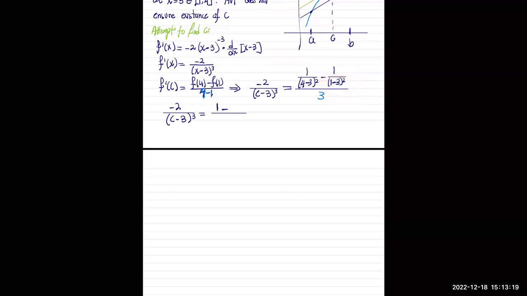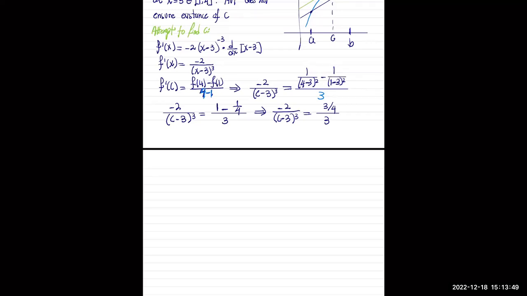Square that, you get 4, all divided by 3. Let's do 1 minus 1/4. On the top, we have 3/4 all over 3.